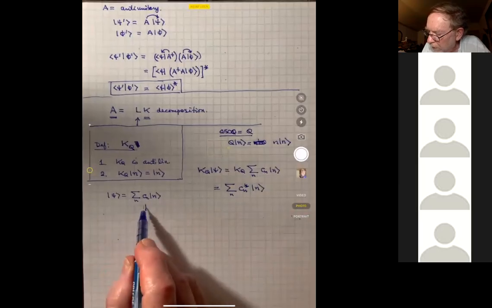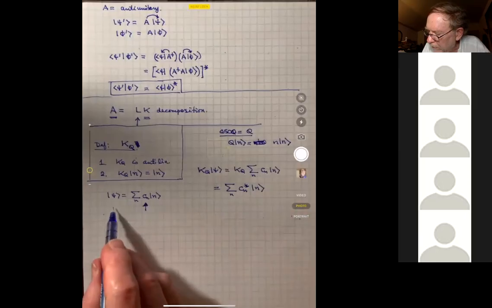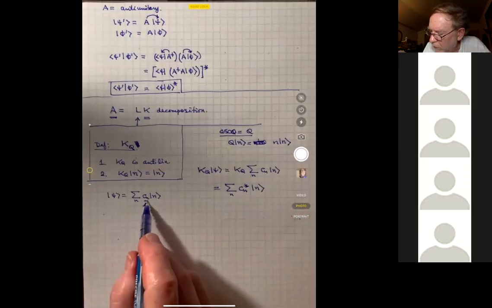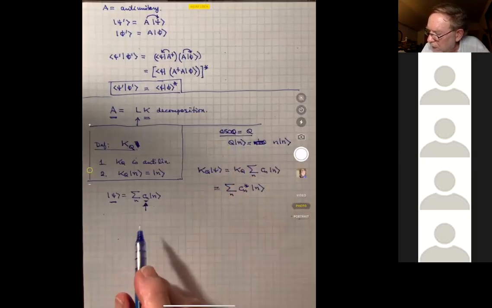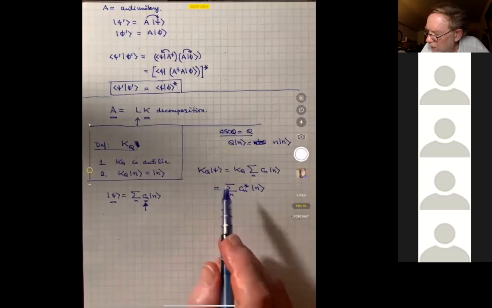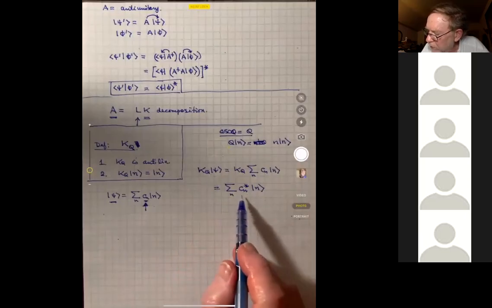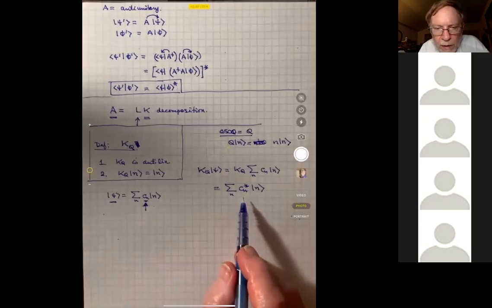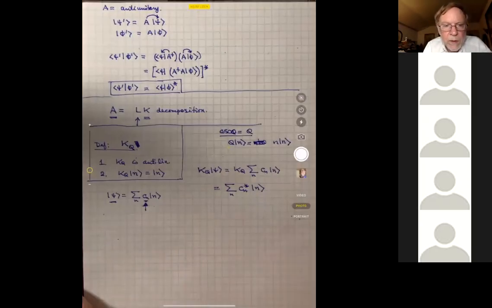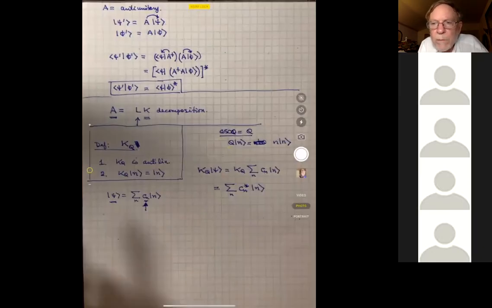Remember, a wave function is nothing but the expansion coefficient of a state vector in some basis. So the c_n's here are the wave function of psi in this Q representation. And you can see what K_Q does is it maps psi into a new state, which has the complex conjugated wave function. So this K_Q operator, in other words, is the complex conjugation operation in the given Q basis. That's why it's simple. It's simple in the basis Q anyway.